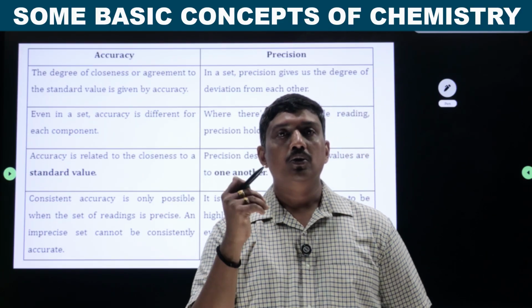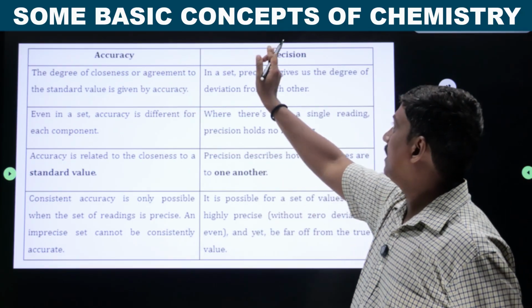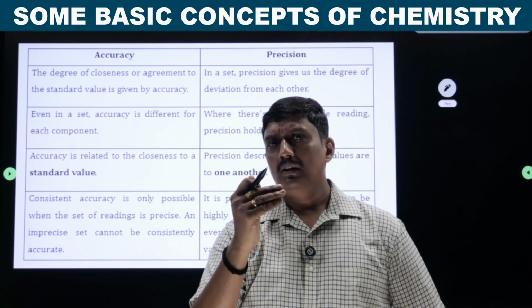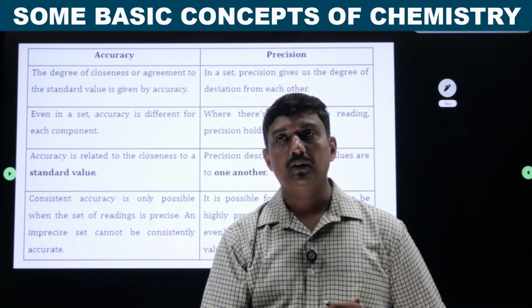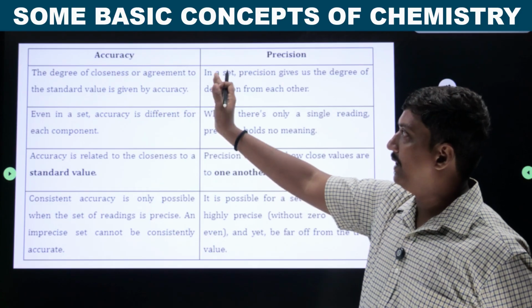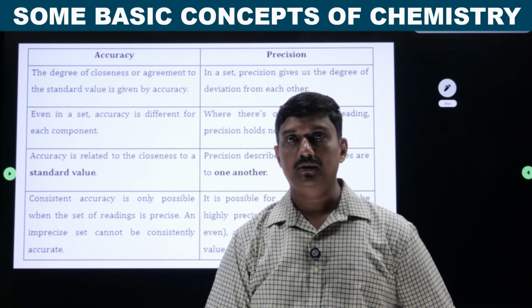Okay. So first, let us start with accuracy and precision. We are discussing the definition later. You take a small example, then you will come to know the exact meaning of accuracy and precision.